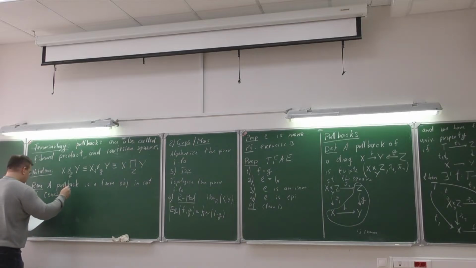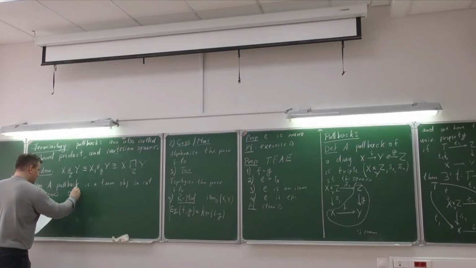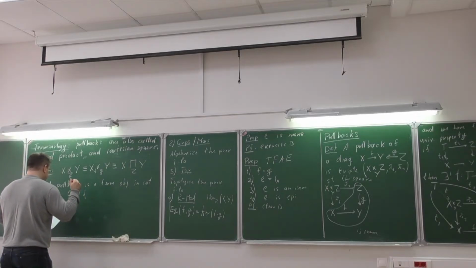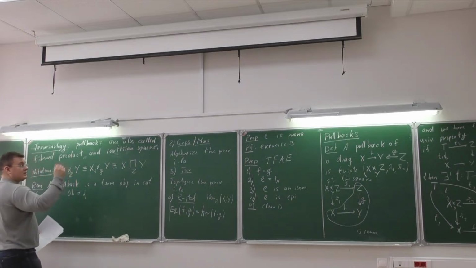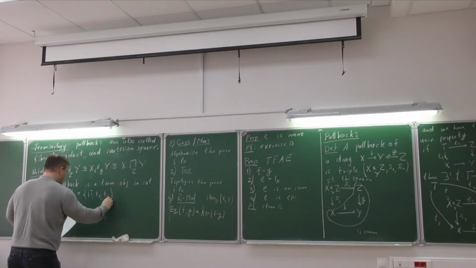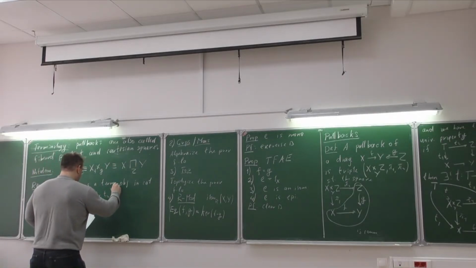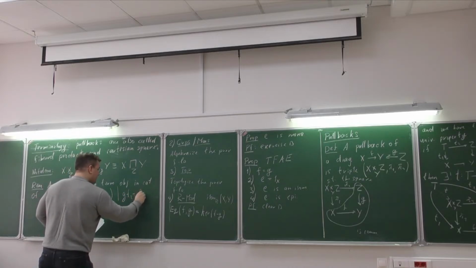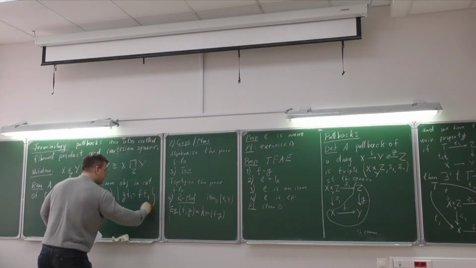So in the category of cones, objects are triples. So let me use notation as before. So we have T, T1, T2, such that G T2 is F T1.